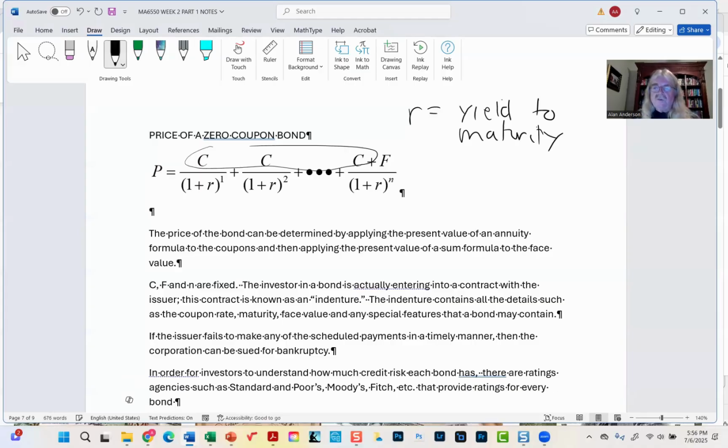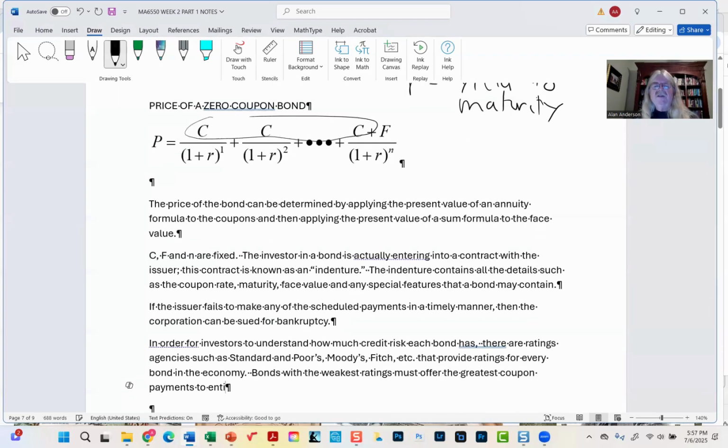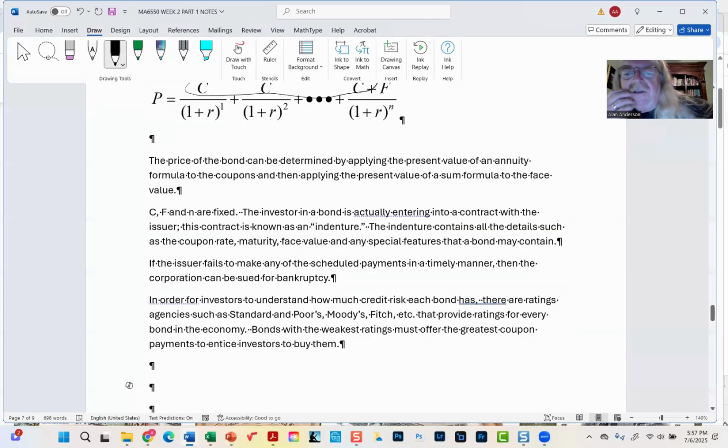So you can consult those ratings to see how much risk is involved. Bonds with the weakest ratings must offer the highest coupon payments to entice investors to buy them. Okay, so that's how that works.